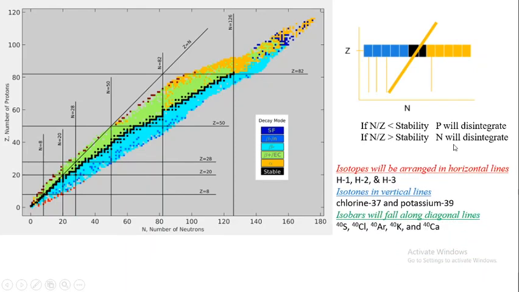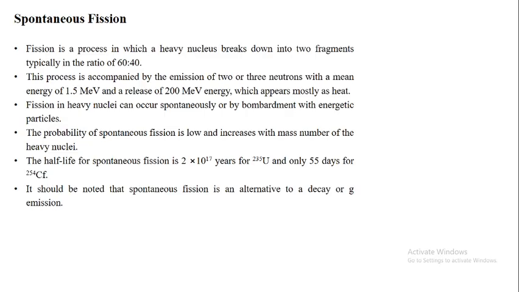Okay, so let's first see spontaneous fission. Spontaneous fission is a process that commonly occurs inside the nuclides of heavy elements, if the atomic number is more than 82.